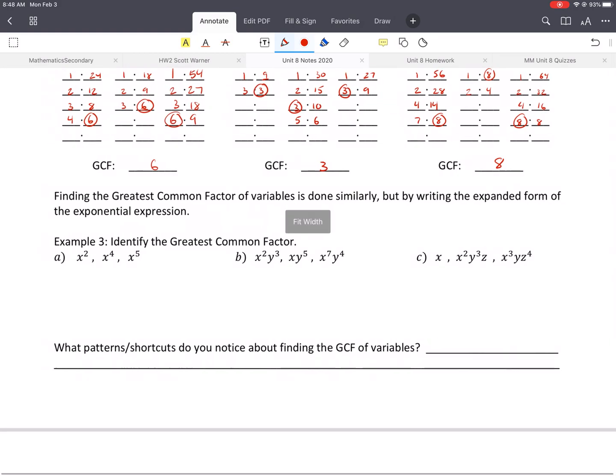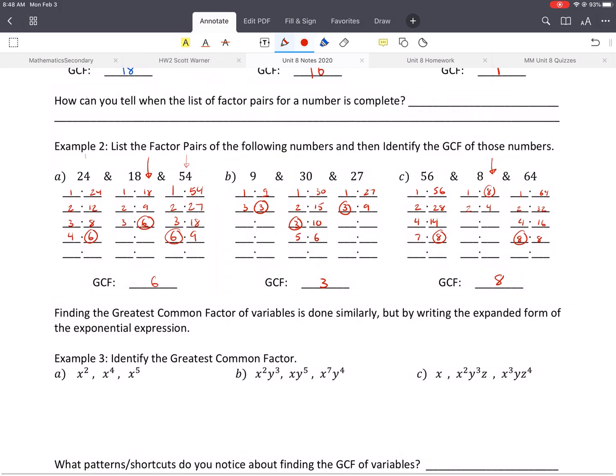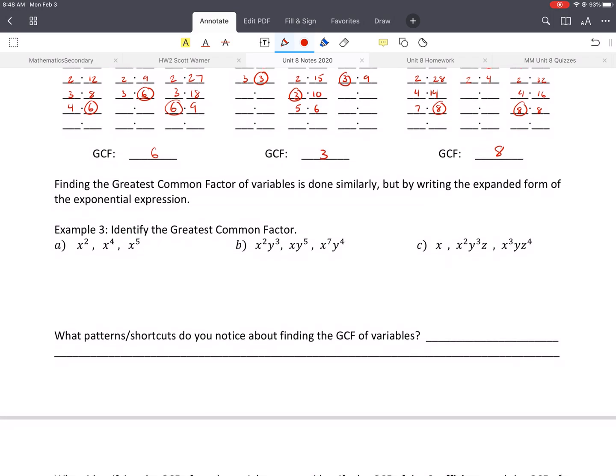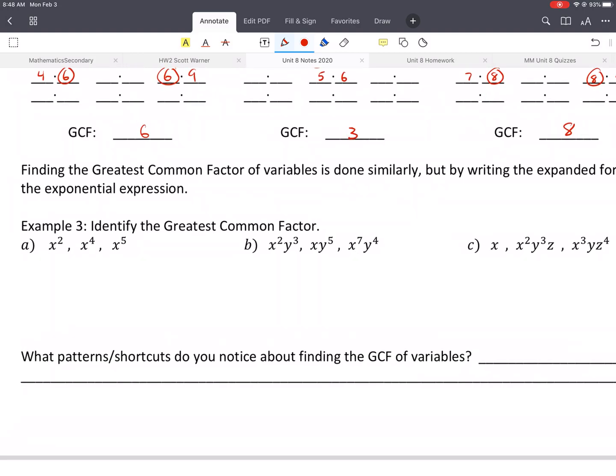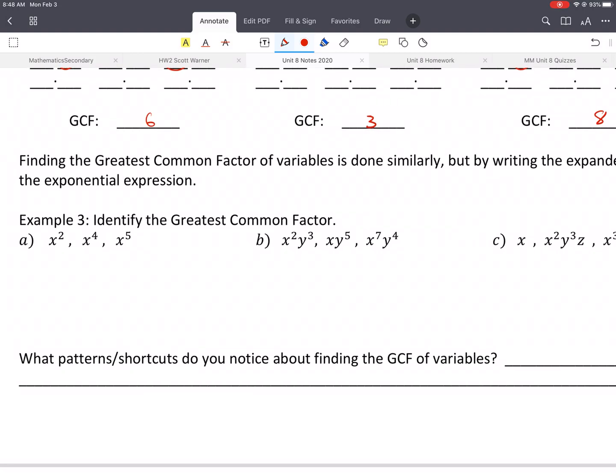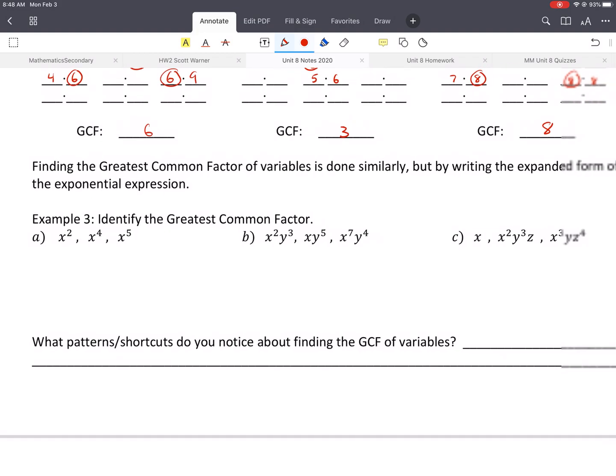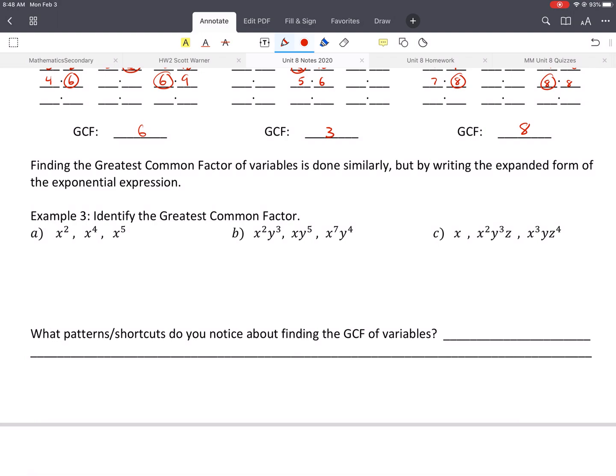All right, so here we've been talking all about greatest common factor for numbers. We're also going to have to take out or find the factors for whenever we have variables. So finding the greatest common factor for variables is done similarly, but by writing the expanded form of the equation or exponential expressions.